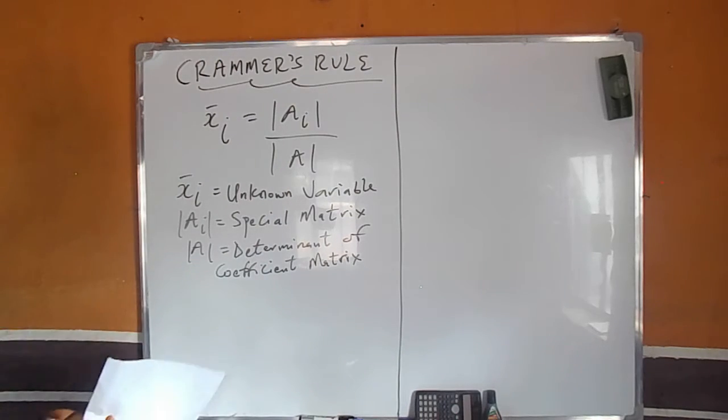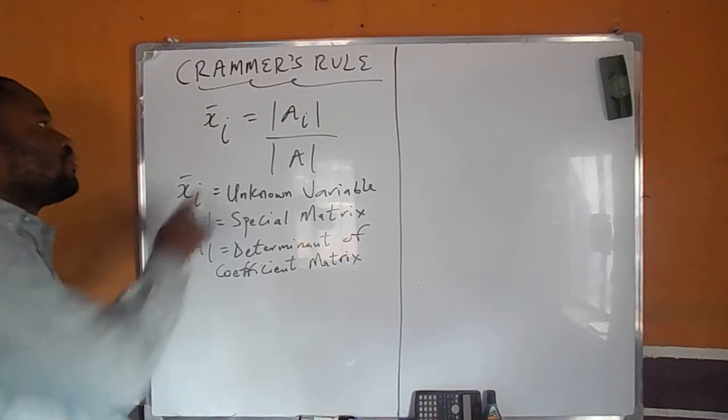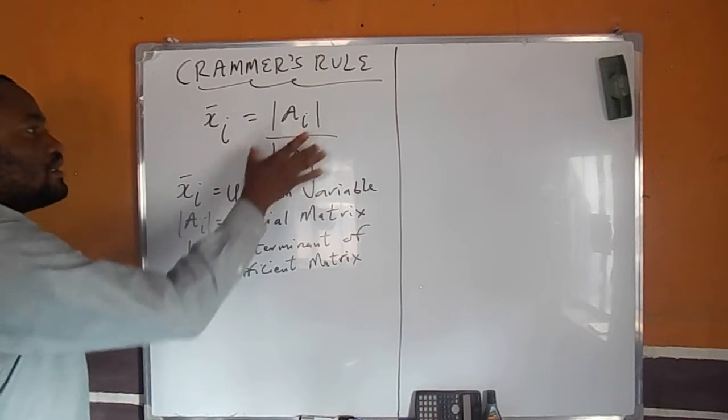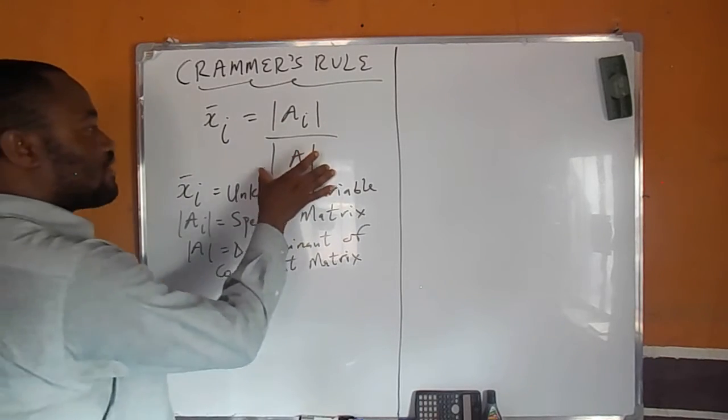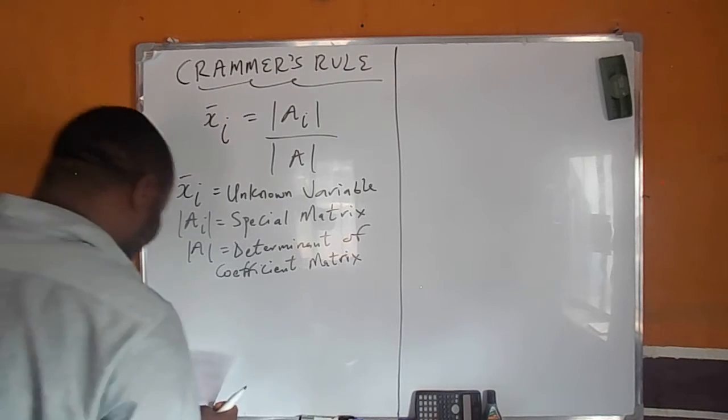Now we say that the unknown variable, which is this, equals special matrix divided by determinant of coefficient matrix. Now let's move to example 1.